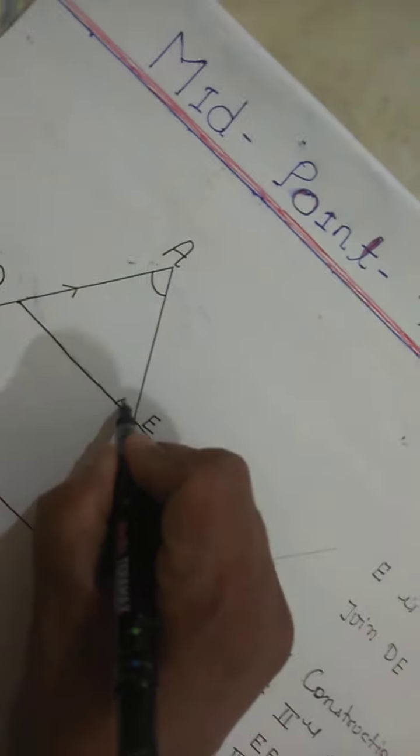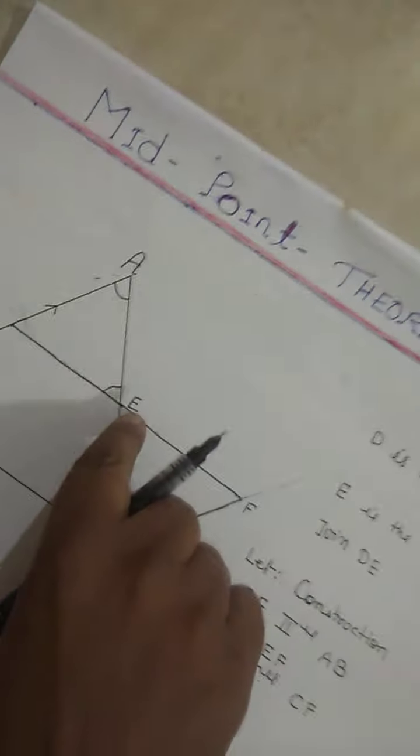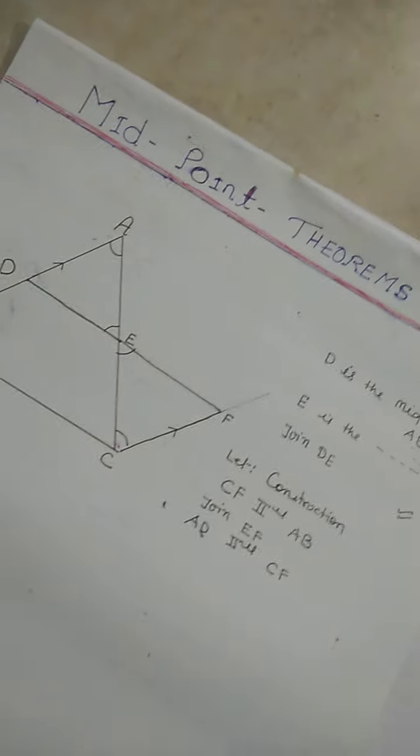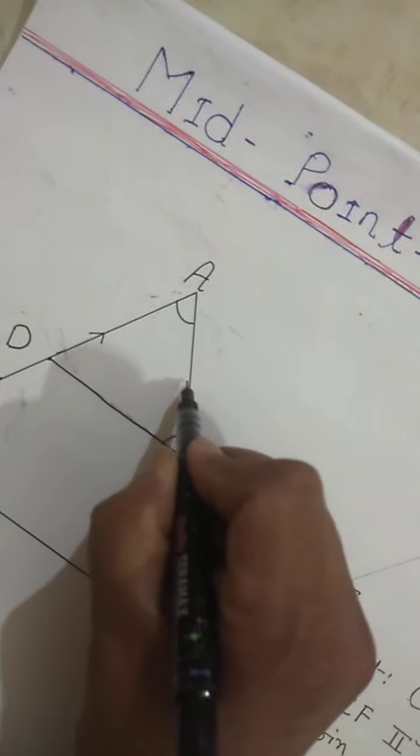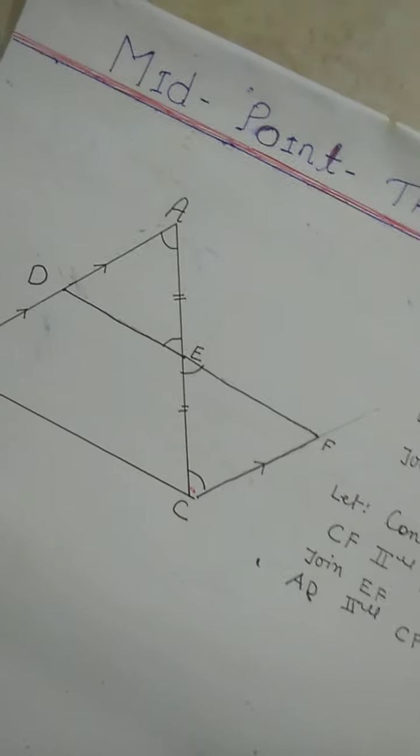And this angle E and this angle are vertically opposite angles. And AE is equal to EC because E is the midpoint. Already it is written, E is the midpoint. So I am marking it here, 2 and 2, a similar mark notation.